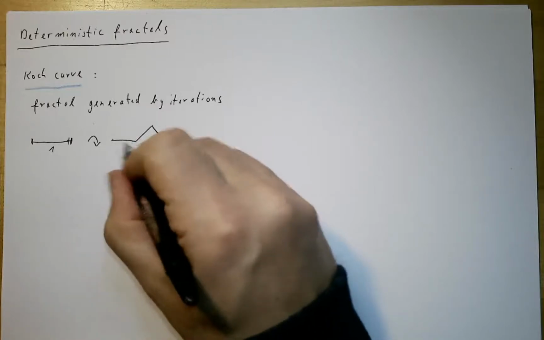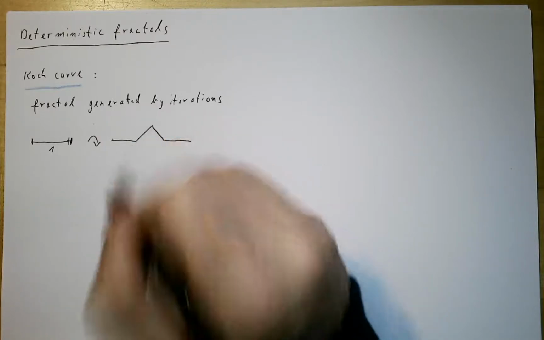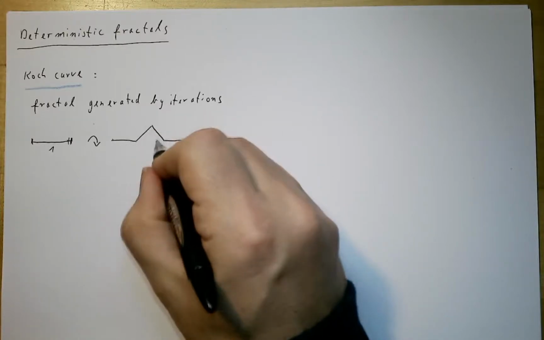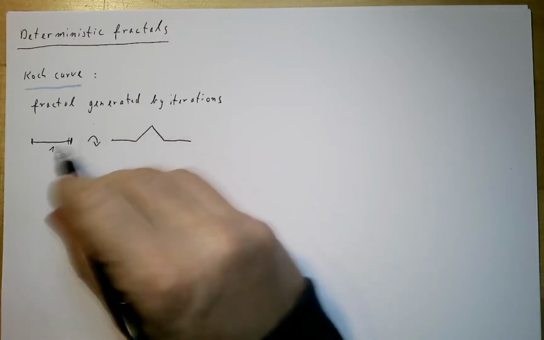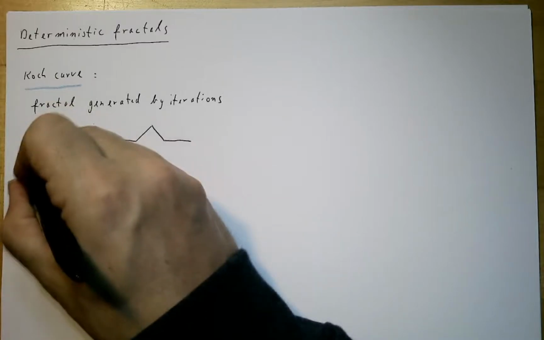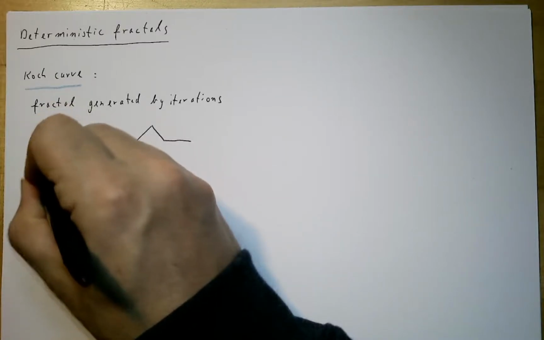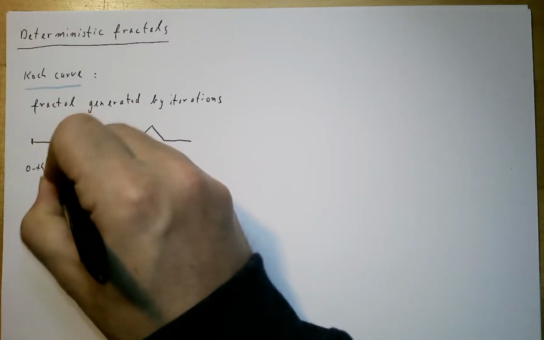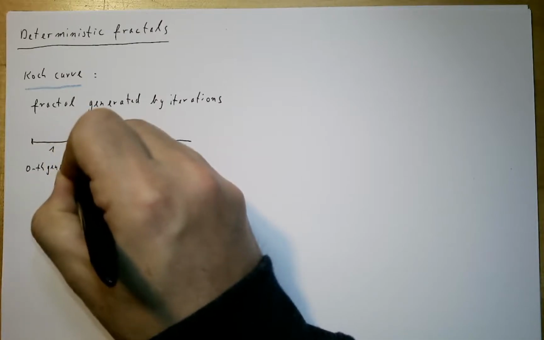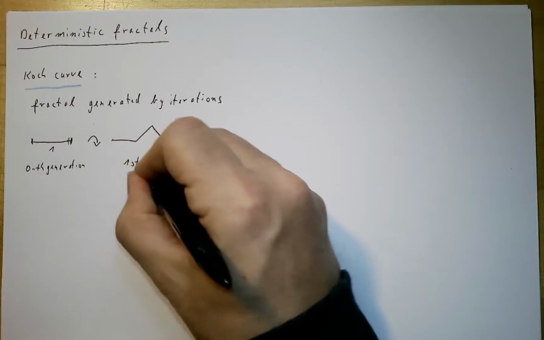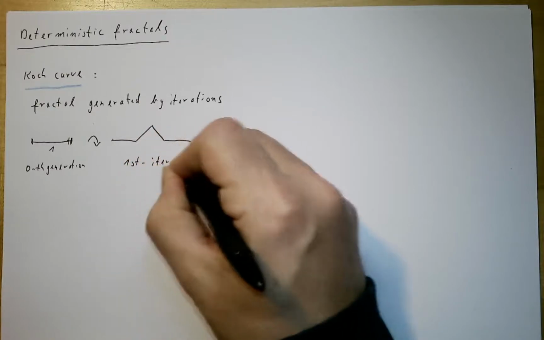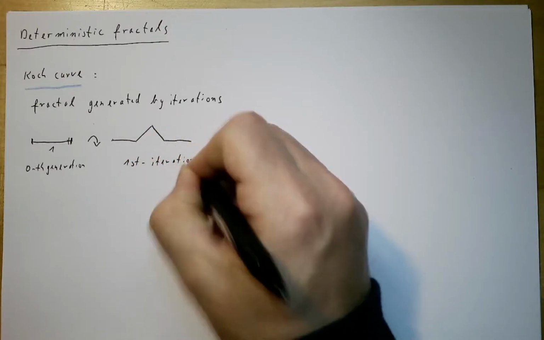And they're arranged in this geometry, so that we change the angle a little bit between the second and third of these copies of the object. So this was the 0th generation or iteration, and this here is the 1st iteration.